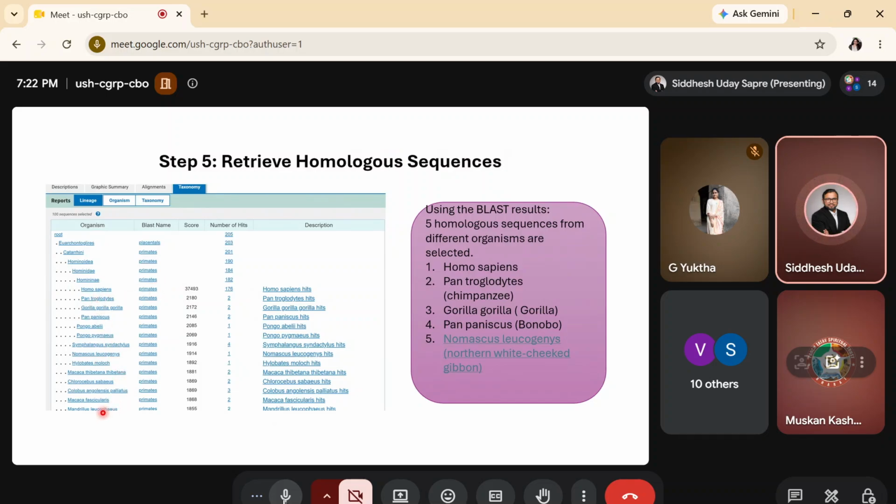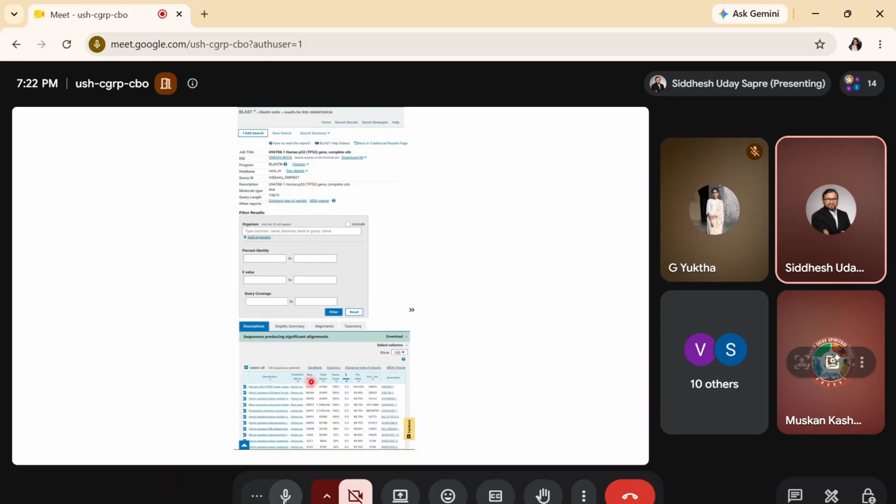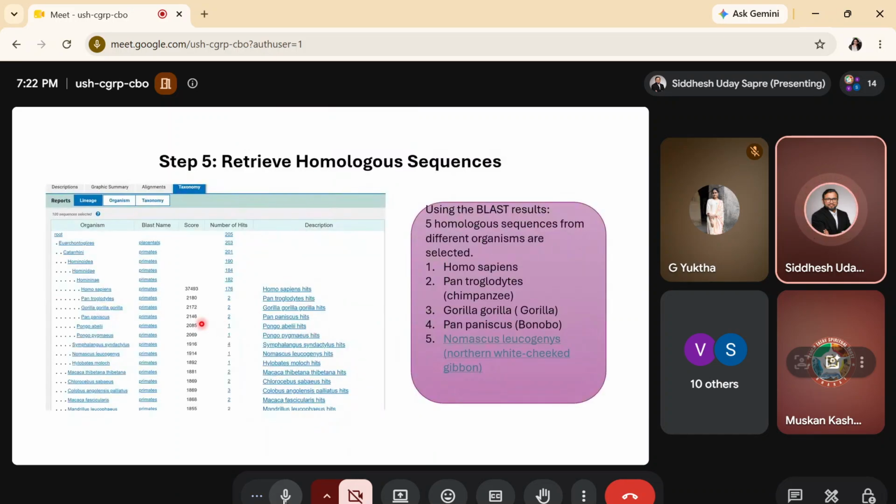Mus musculus is somewhere down in the description table, so I cannot see it in the snapshot. This is the reason why in some approaches Mus musculus was the closest, and in some approaches Pan troglodytes, which is chimpanzee, was the closest.